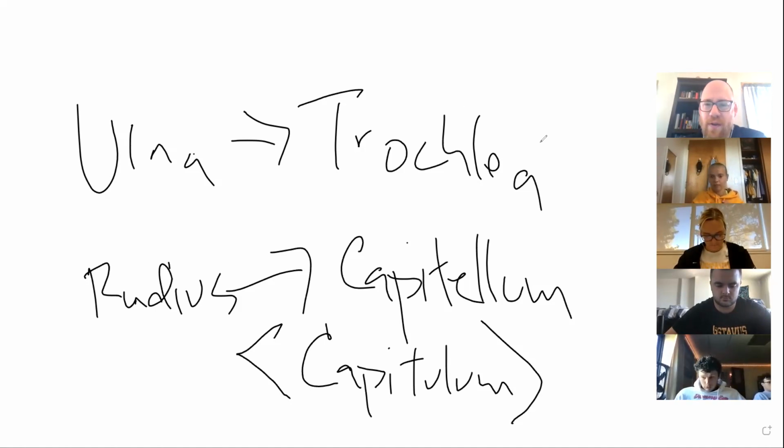So the capitellum articulates with the radius. Now, here's the deal. Who can tell me what nerve provides the vast majority of the motor function at the posterior aspect of the forearm, and it comes off of the radial nerve? What branch is that?